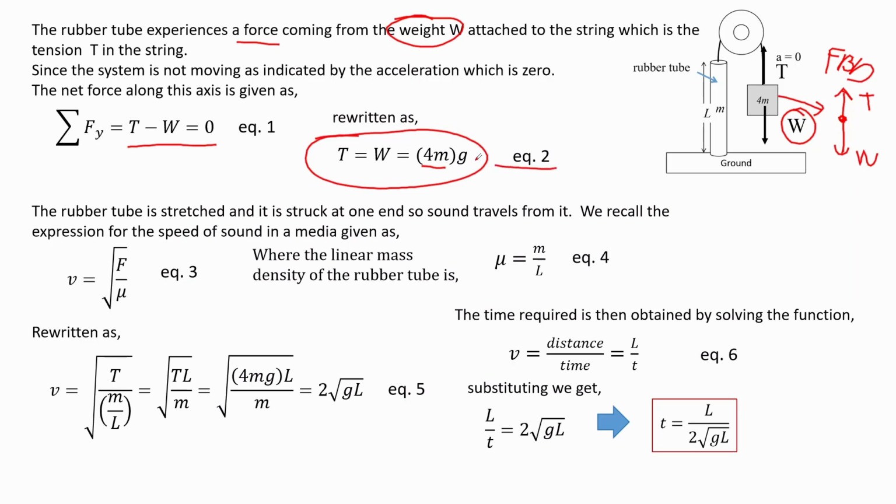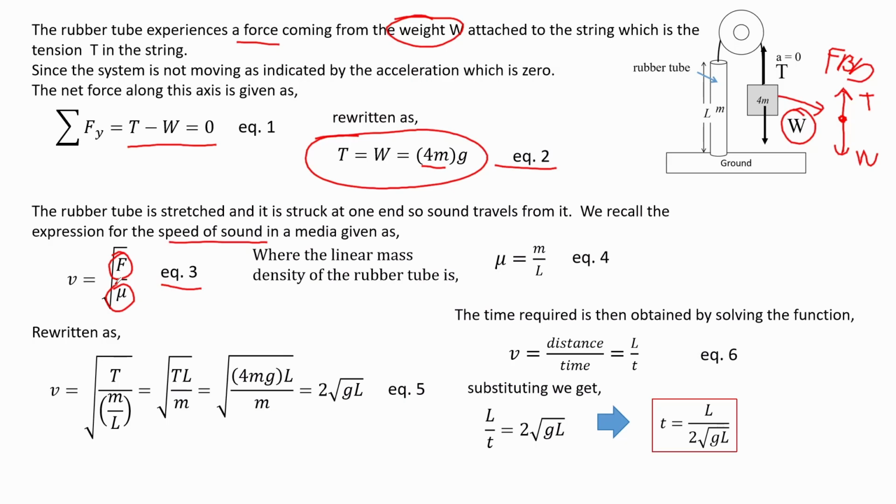Note that the rubber tube is stretched and it's struck at one end, so the pulse travels from it. We recall the expression for the speed of sound, as shown here in equation 3. The speed of sound is equal to the square root of the force divided by the linear mass density.